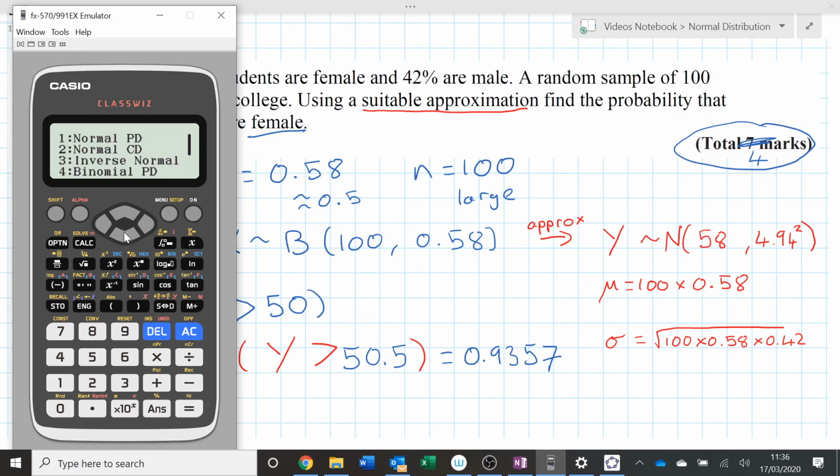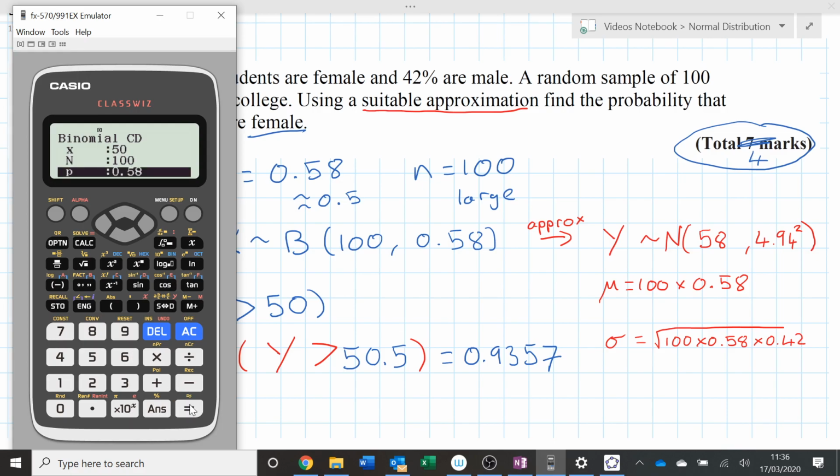Just to show you that it is a little bit silly us doing this at all, I could actually do this with a binomial. So I'm going to show you, we want binomial cumulative distribution. That is going to give me 1 minus the answer. I want to do 50 or less with n is 100 and p is 0.58.